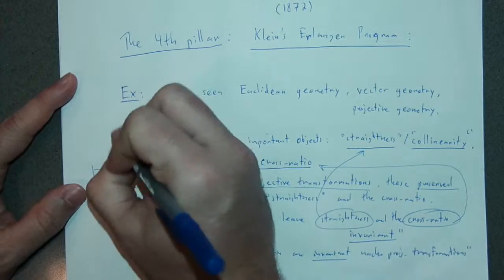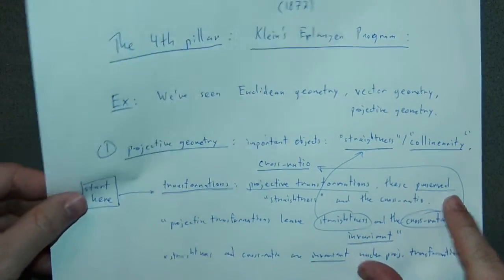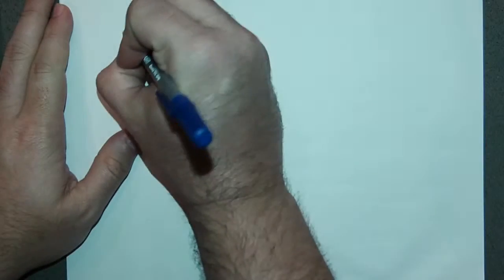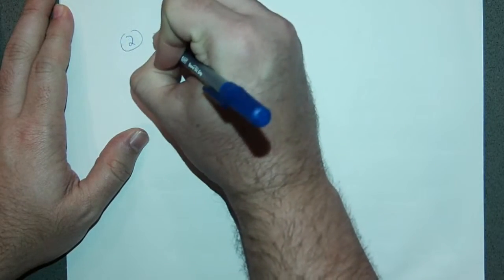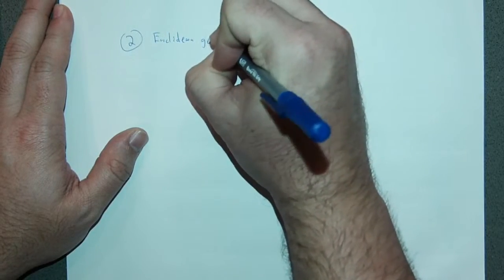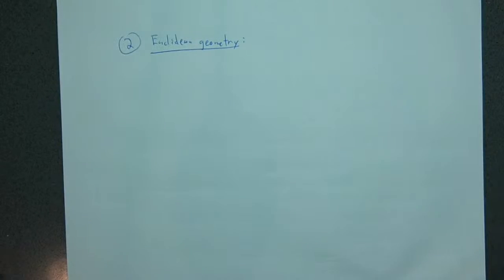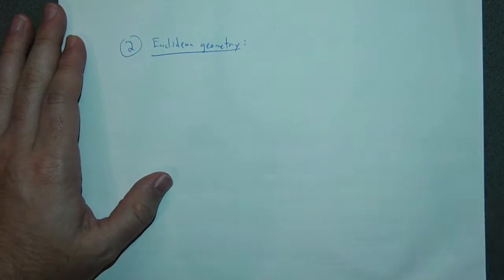So this was for projective geometry. Okay, and I'd already mentioned this before when we did it. Let's see how this works for Euclidean geometry. So here's another example, Euclidean geometry. So let's try to do this same approach, except now I'm actually going to write it in the correct order that I should if I'm doing Klein's stuff.